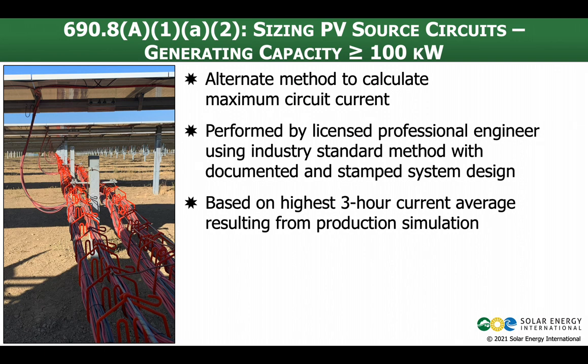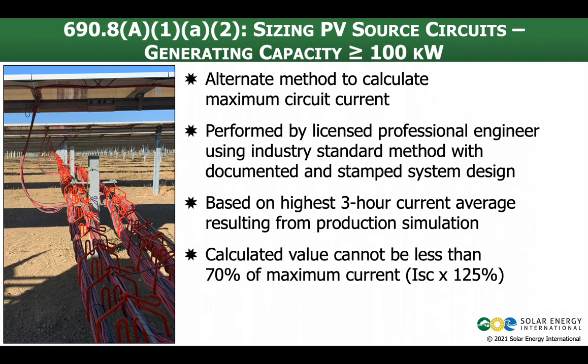Those nuances are not taken into account in the general rules we've talked about thus far. We're just looking at the short circuit current of a module. Well, here we're saying, what is the module actually going to do based on the way it is installed? And that potentially leads to a lower maximum circuit current value. And as I said, smaller wire, smaller breaker, smaller conduit. So cost savings here, still designing it safely.